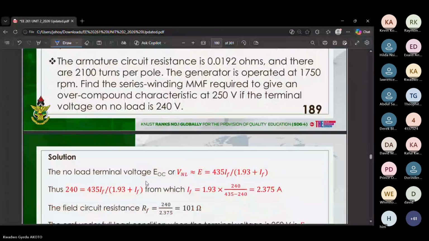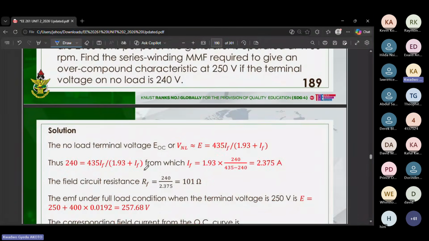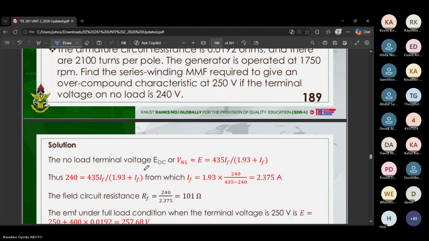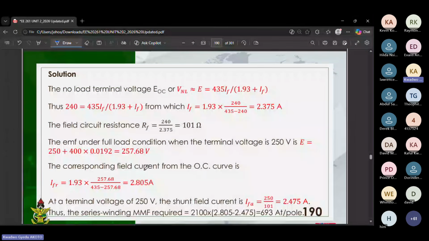So with that in mind, the first thing that we can know here is that at no load, terminal voltage is approximately equal to E.